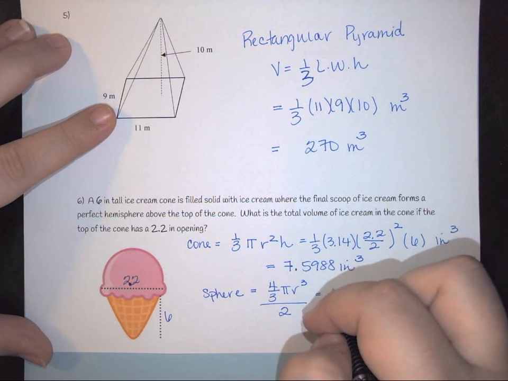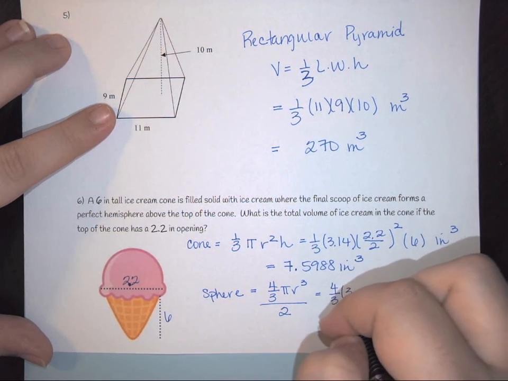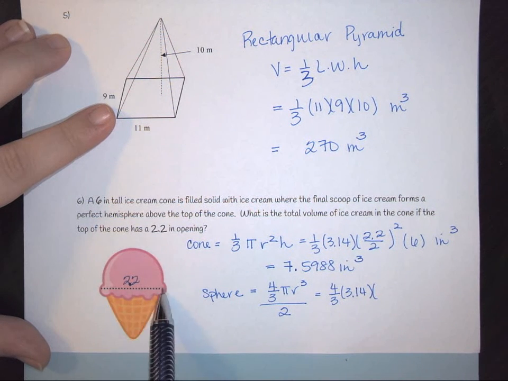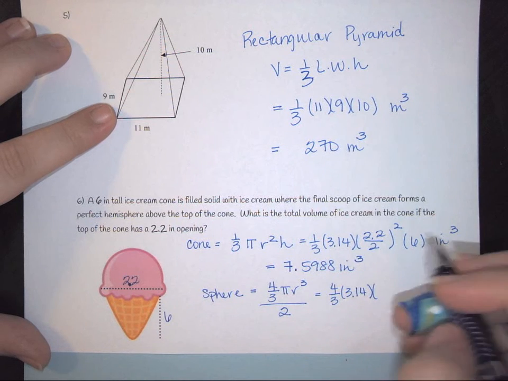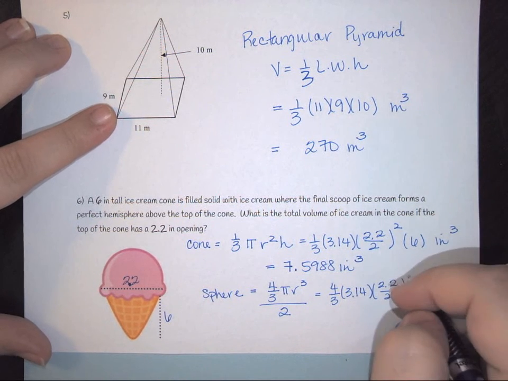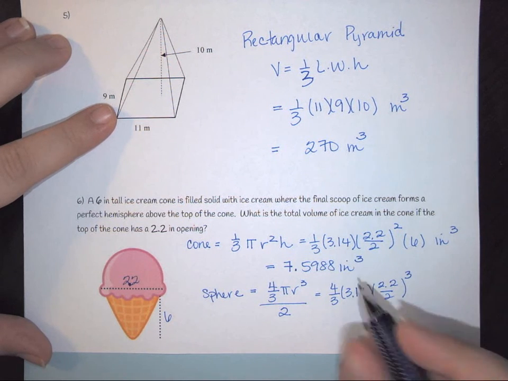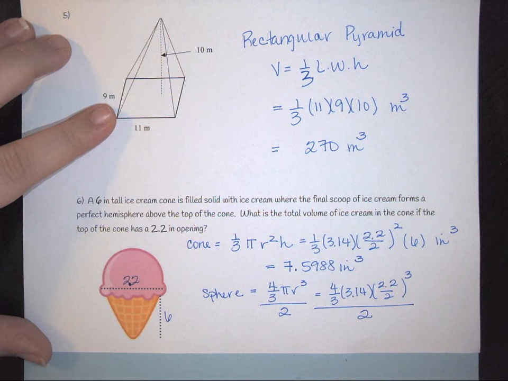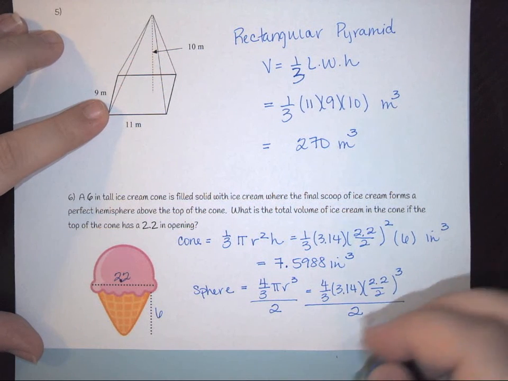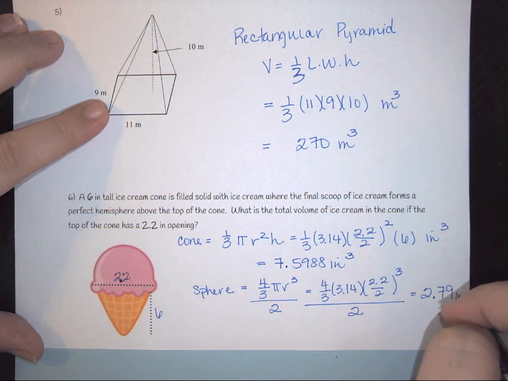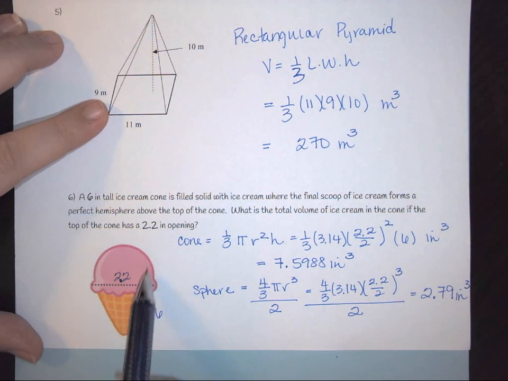So in this instance, we're going to have 4/3 times 3.14 times, again, remember this was given as a diameter, so we've got to take that 2.2 divided by 2 to find that radius. We're going to cube it and take that whole answer, divide that by 2. When you do that, you're going to come out with 2.79 inches cubed as being the volume of the hemisphere.